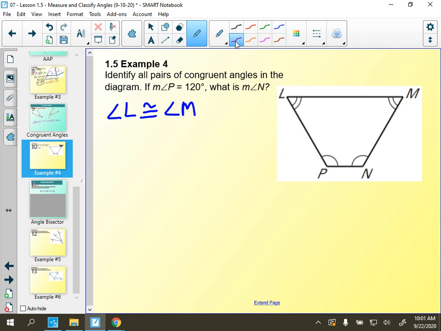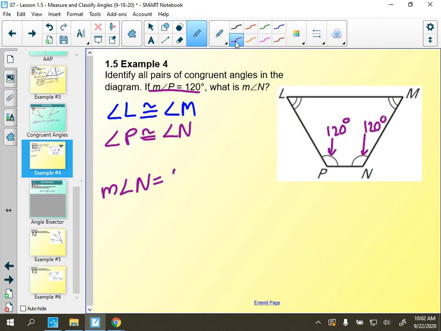And I can also see that angle P is congruent to angle N, just based on these being a single arc and a double arc. If we were given information that the measure of angle P equals 120 degrees, we just talked about it, well, I would also know that the measure of angle N has to be 120 degrees. So we would just follow up and say the measure of angle N equals 120 degrees. So kind of a short, sweet example there for us.